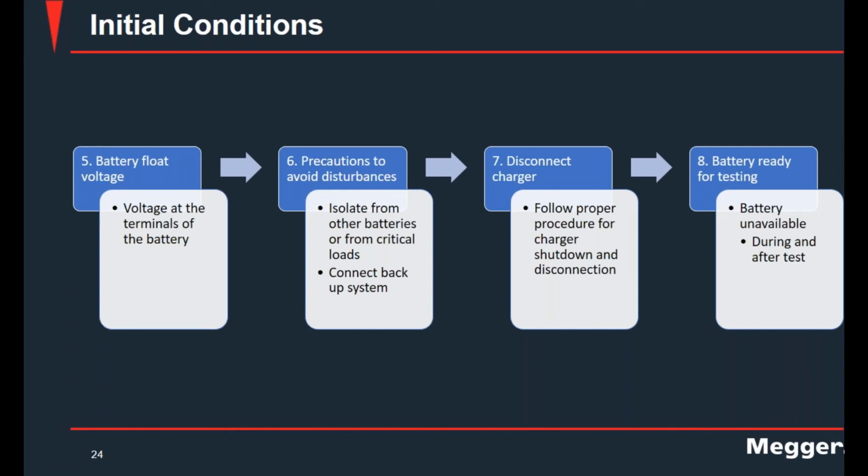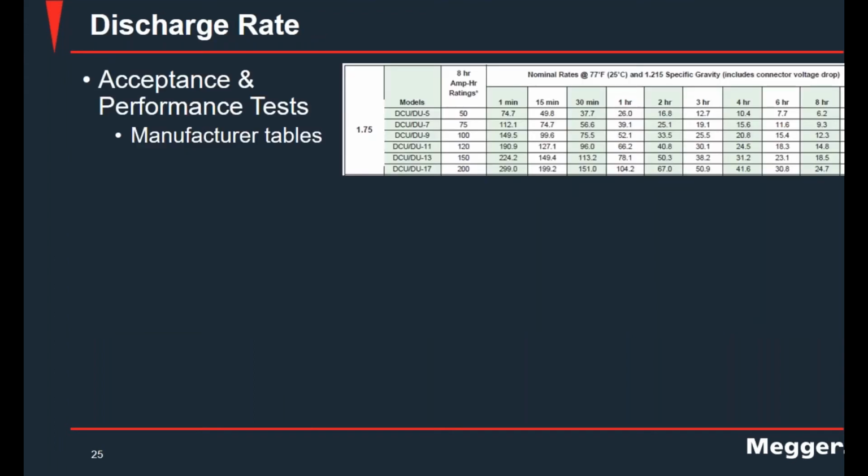So again, to select the discharge rate, you need to define what type of test you're doing. If you're doing an acceptance or performance test, then you need to go to the manufacturer tables to get the rate of discharge according to the end of discharge that you want to run, and the duration that you want to get.